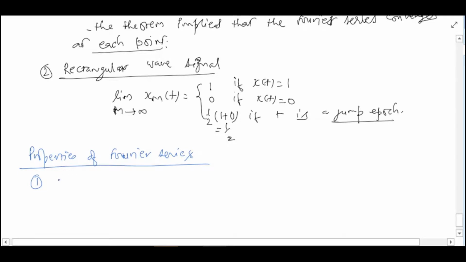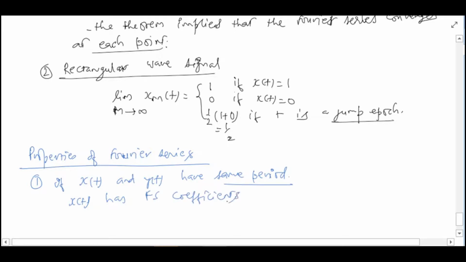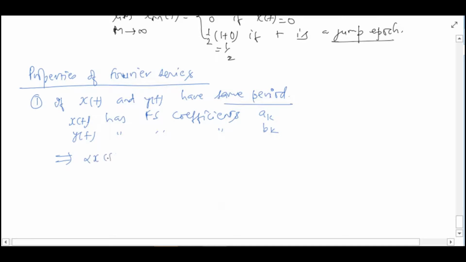To be precise, if x(t) and y(t) have the same fundamental period, x(t) has Fourier series coefficients a_k, y(t) has Fourier series coefficients b_k, then alpha x(t) plus beta y(t) will have Fourier series coefficients alpha a_k plus beta b_k.